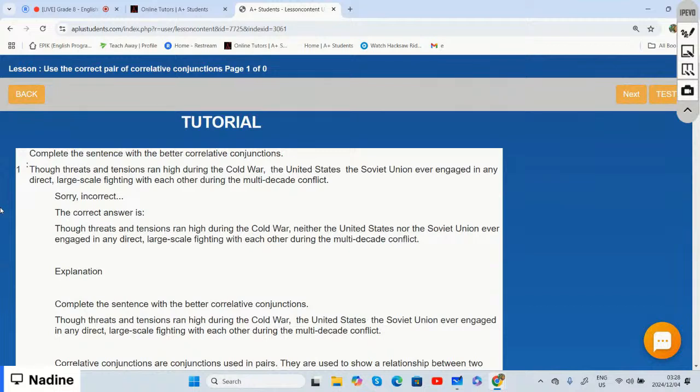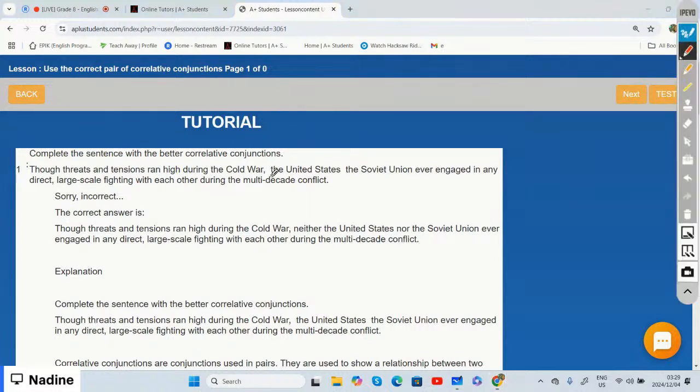It says, though threats and tensions ran high during the Cold War, the United States, the Soviet Union ever engage in any direct, large scale fighting with each other during the multi decade conflict.